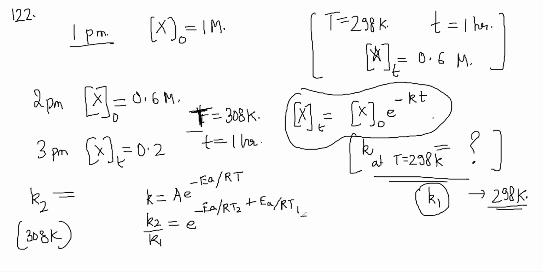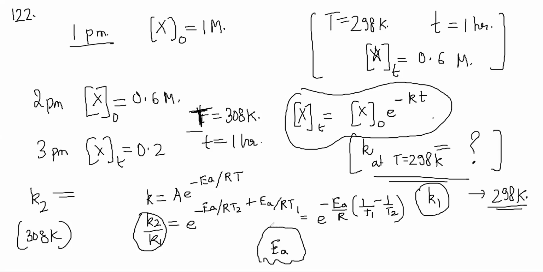So it will become e to the power minus Ea by R times (1 by T1 minus 1 by T2), right? And so ln K2 by K1, you can take ln and find the Ea from this, right? Once you know Ea, you can find the K for the last reaction. So you have to actually first find the K for the last reaction. Then only you will be able to find the temperature, right?